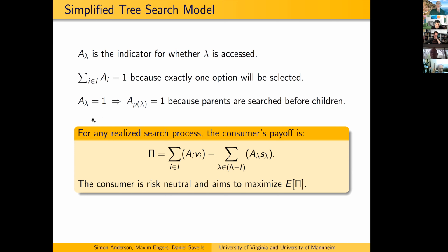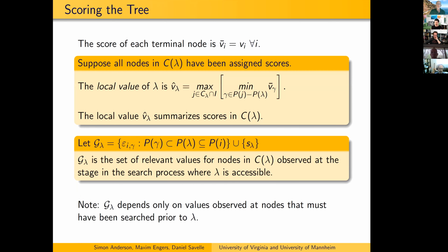Perfect. Good. So now I'm going to have some formulas on this slide, and I'm going to explain them. This is one of the key tensions with what I'm presenting today. It's going to make sense in a few slides with examples, is my hope. So the score of each terminal node is just going to be the value. We want to score this tree, and for terminal nodes, we assign the score to be the value.